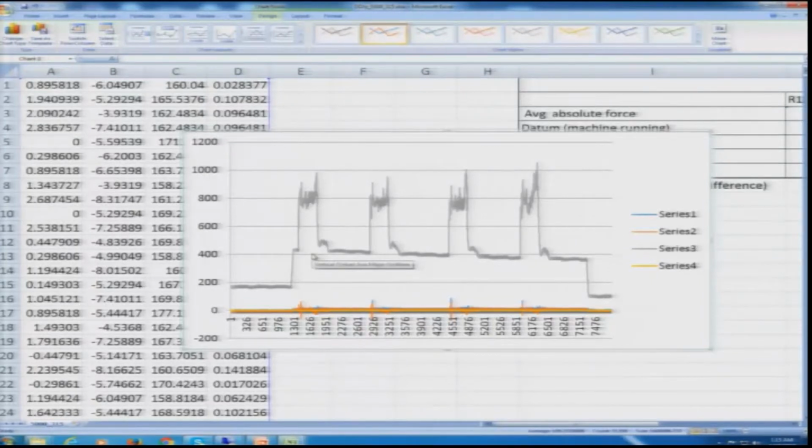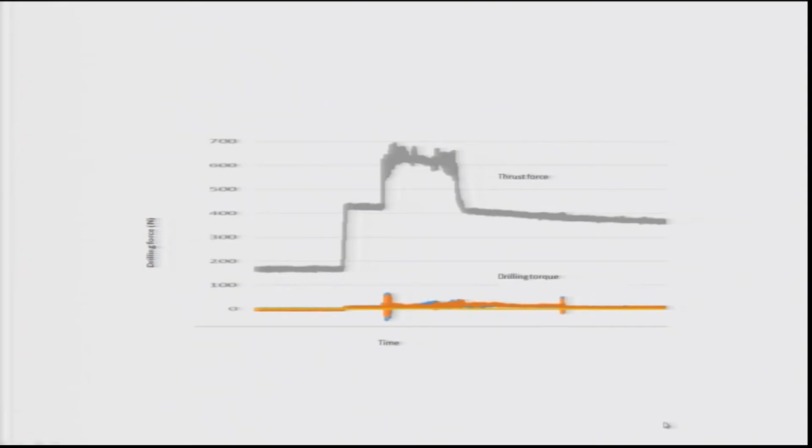So what is essentially happening here? This is my torque. In this case I have taken only one hole here. The lower curve is the torque, my drilling torque, which is of the order of 20 newtons if we start from 0.